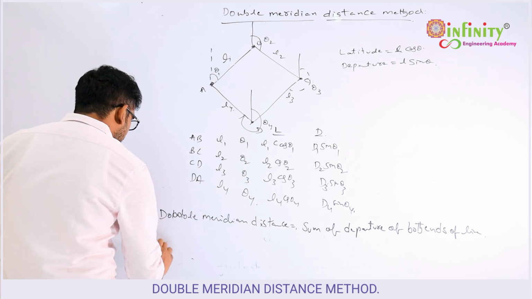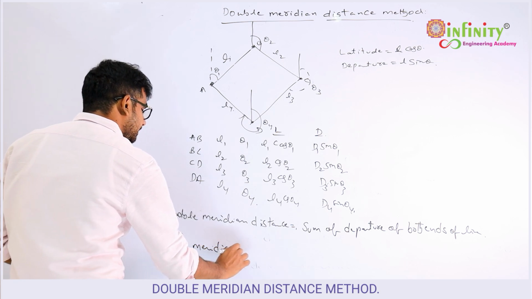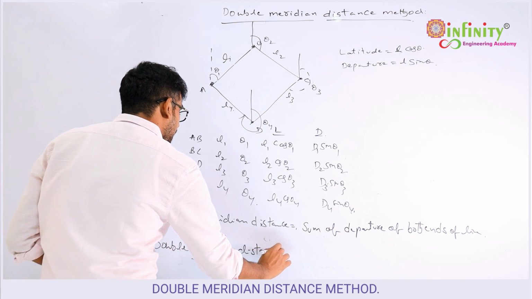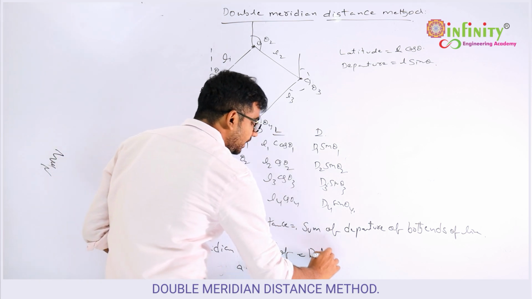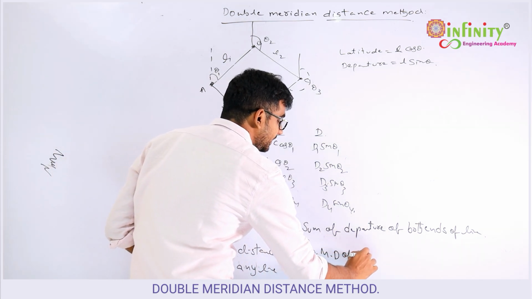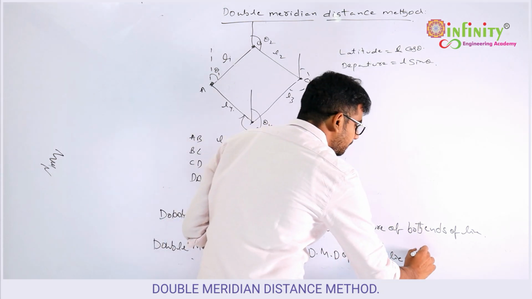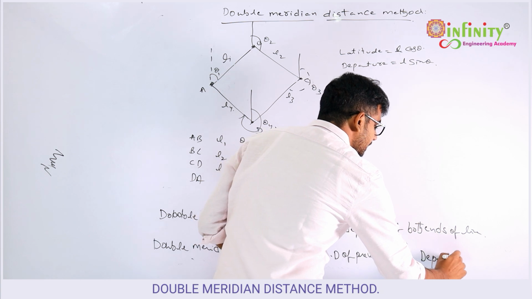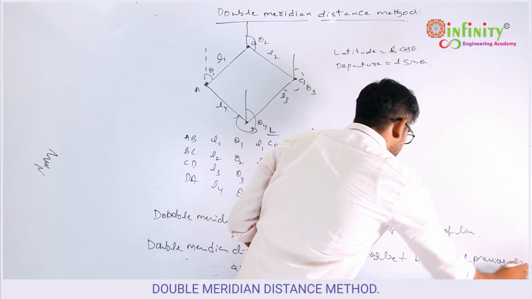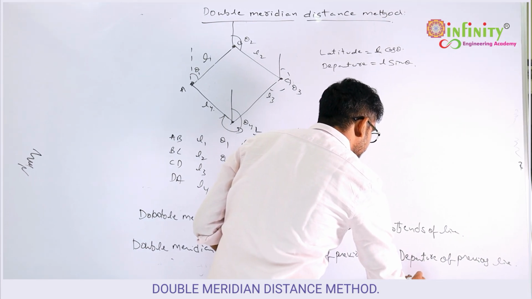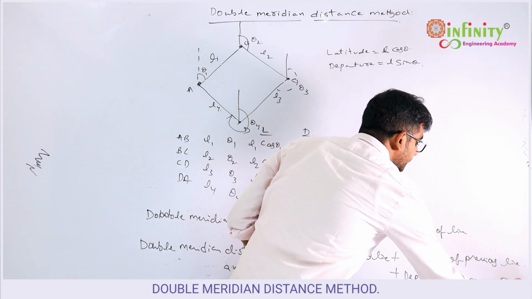The formula for the double meridian distance of any line is: DMD of any line equals DMD of the previous line, plus departure of the previous line, plus departure of the present line.